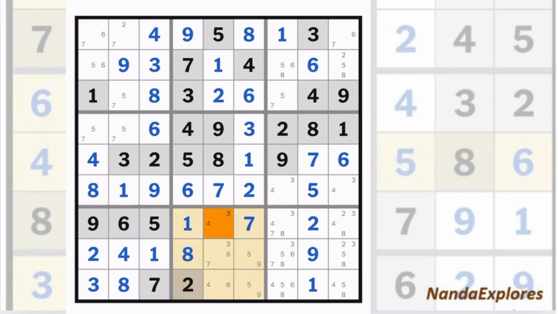So it's a 3 4. And we need to remove 7. So it's a 3 4 6 in this, and it's a 5 9 here. Now since 9 is there, this becomes a 5 and this becomes a 9.